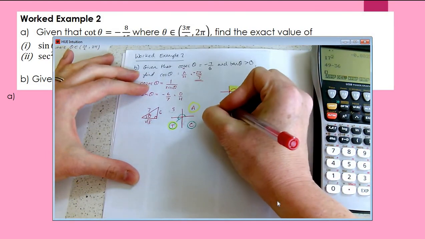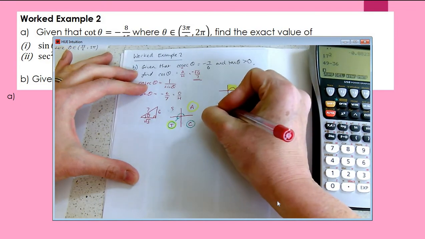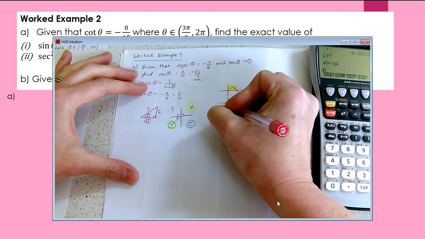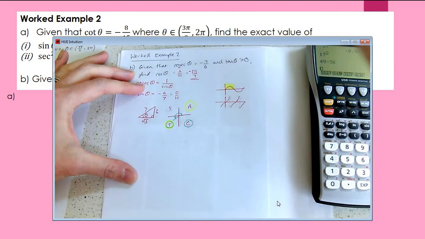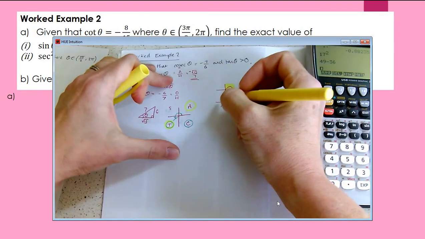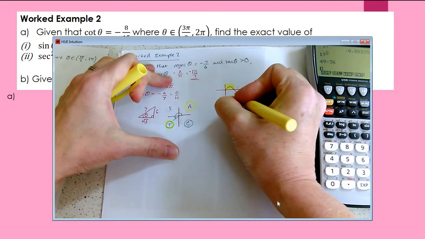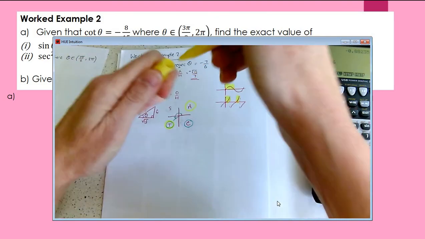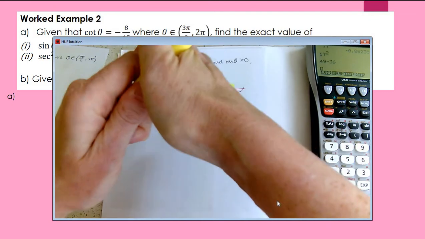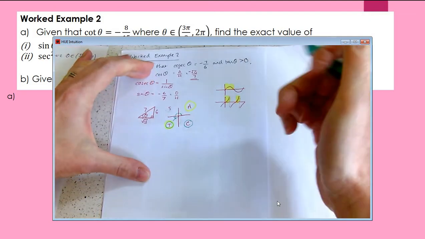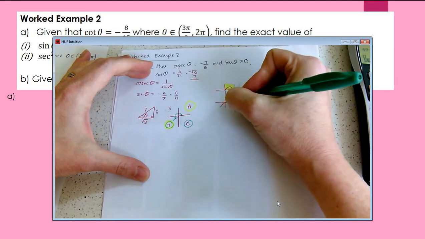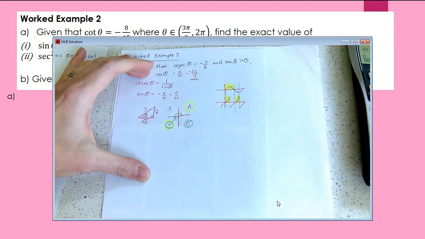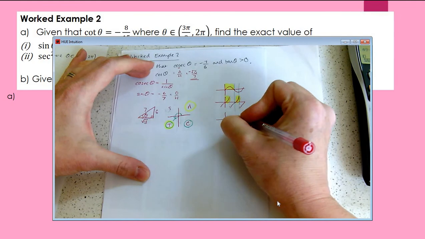And we'd have to look at the tan graph, trying to line those up. We can see that the tan graph is positive here and here. So we want the region where tan is positive and sine is negative, and we can see it's this region here. And finally, you would also need to look at your cos graph.